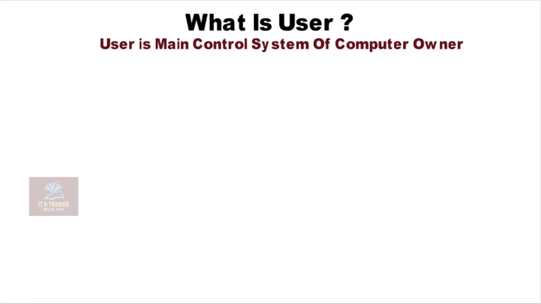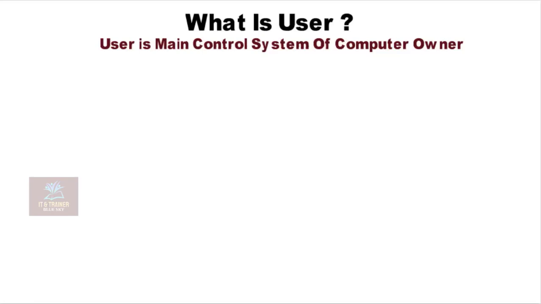Whatever operating system you are using, Windows 7, Windows XP, Windows Vista, Windows 8, Windows 10, Linux Red Hat 5, 6, 7, 8, or Mac OS, the important thing is the user of your operating system.